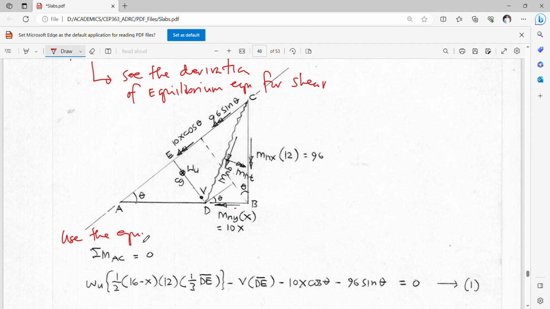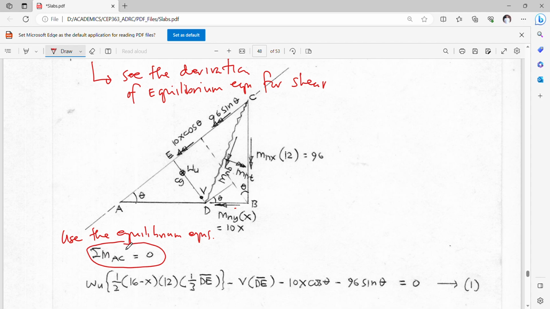So if we take summation of moments at this arbitrary line AC, which is one of the support edges here, we need to get the components of whatever forces we have, and the moment arms, to satisfy this first equilibrium condition.